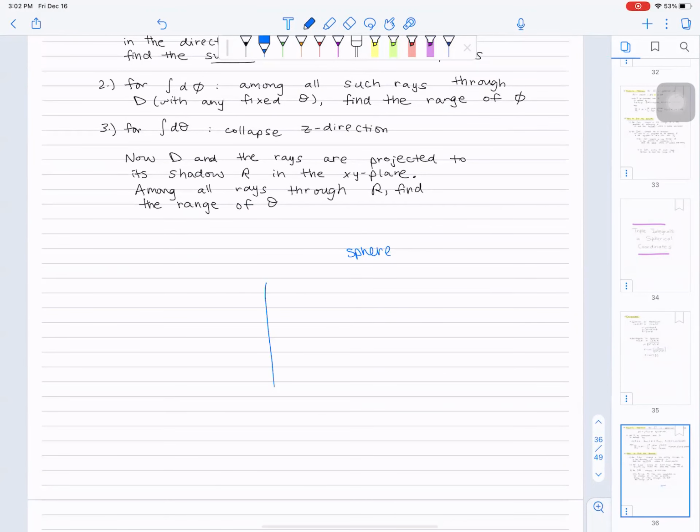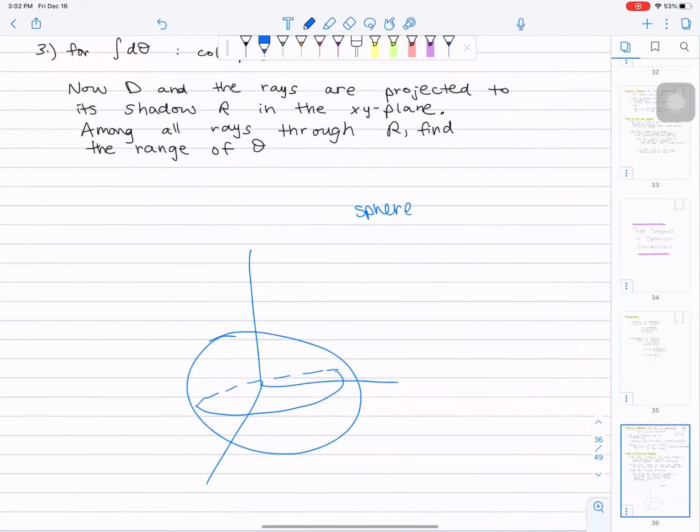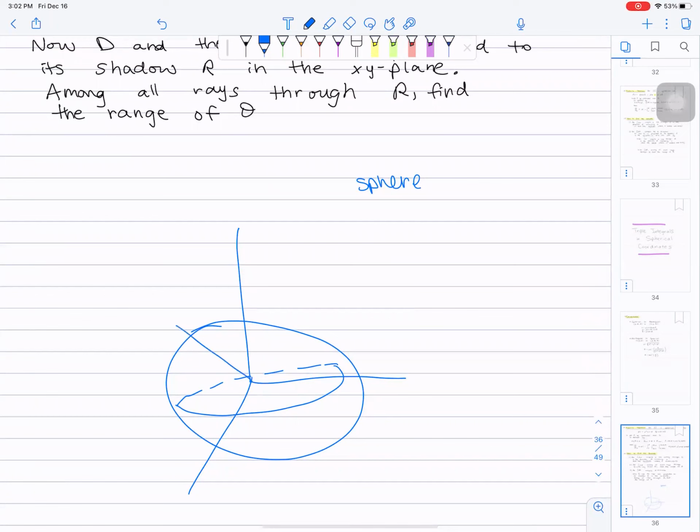Let me make up a quick example. We have this sphere and we want to find the region, sorry, let me just draw a picture. Pretend this is phi equals pi over 3. We want to find the region that is bounded by the cone and the sphere, meaning I have this highlighted region.